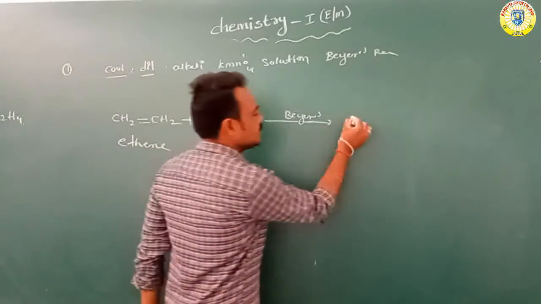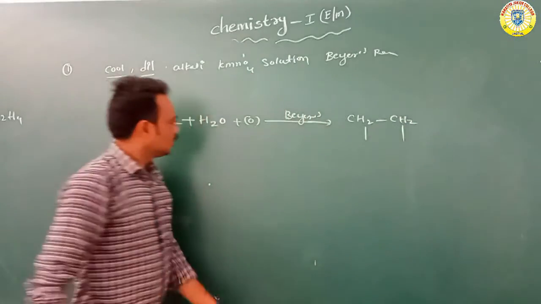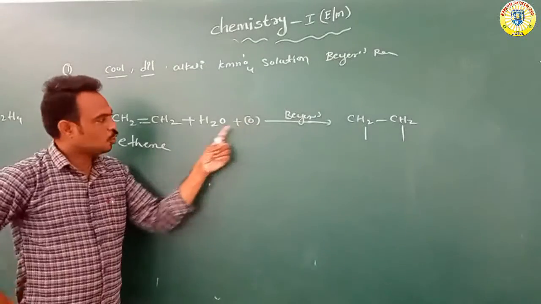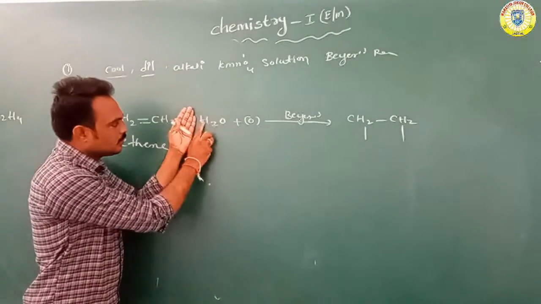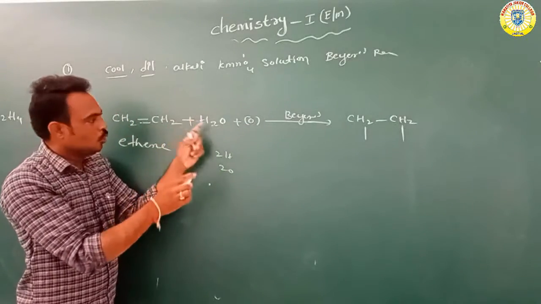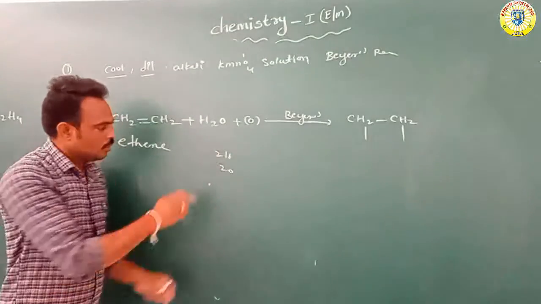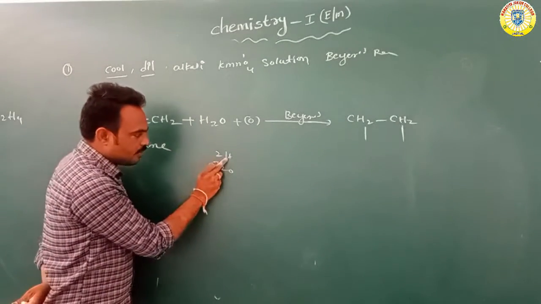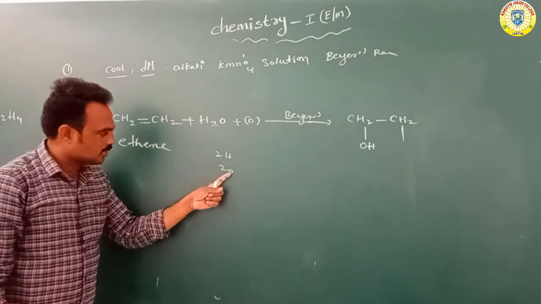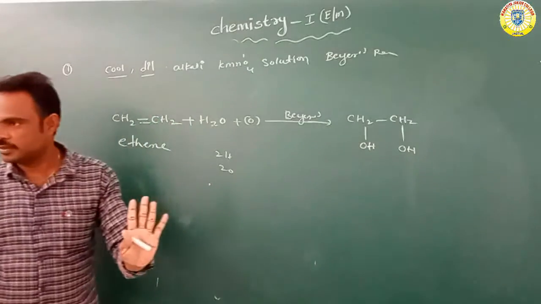So overall CH2 double bond CH2, and H2O, so two hydrogens and one oxygen. So one oxygen, one hydrogen is OH, and another one oxygen, one hydrogen is OH. Is it clear? You understand? Okay.